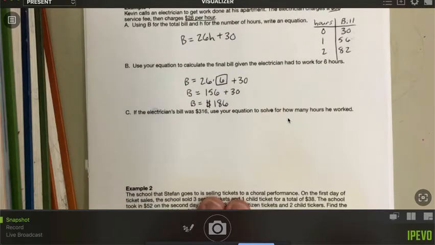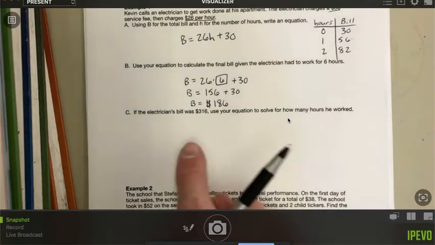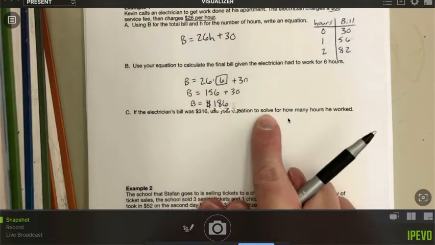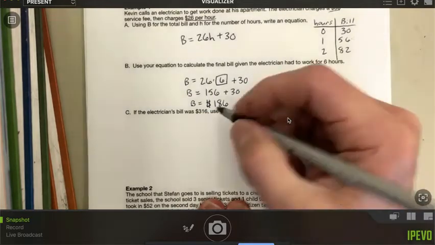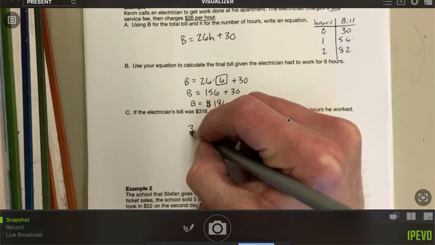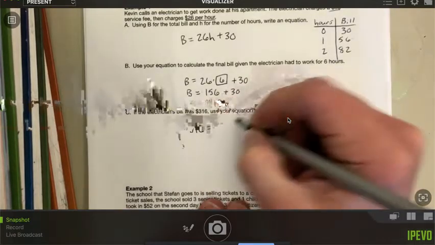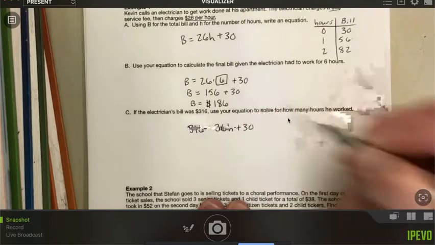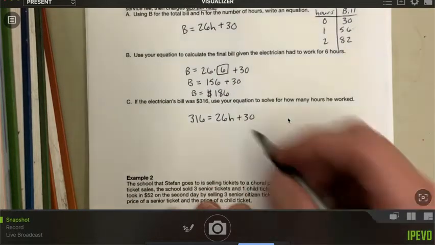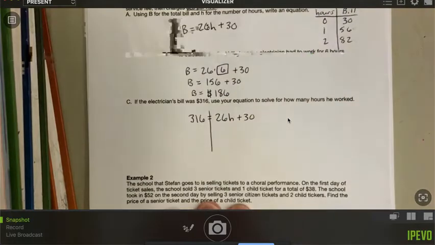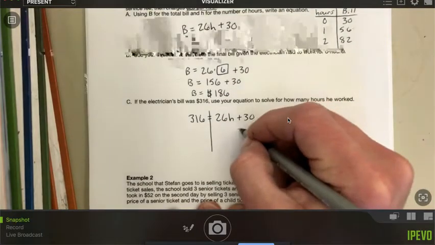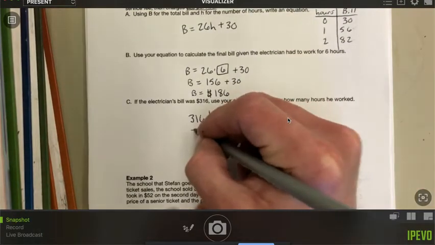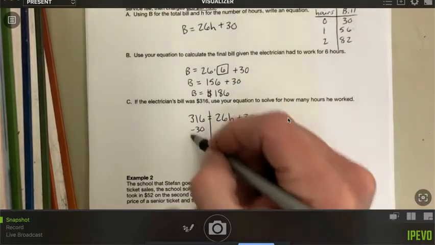Cool. C is going to be the opposite. Now I'm giving you the bill, and I want you to solve for how many hours. In other words, I'm telling you the bill is 316, and I'm asking you to solve for the number of hours. Treat it like you have your two sides. Subtract 30. Subtract 30.